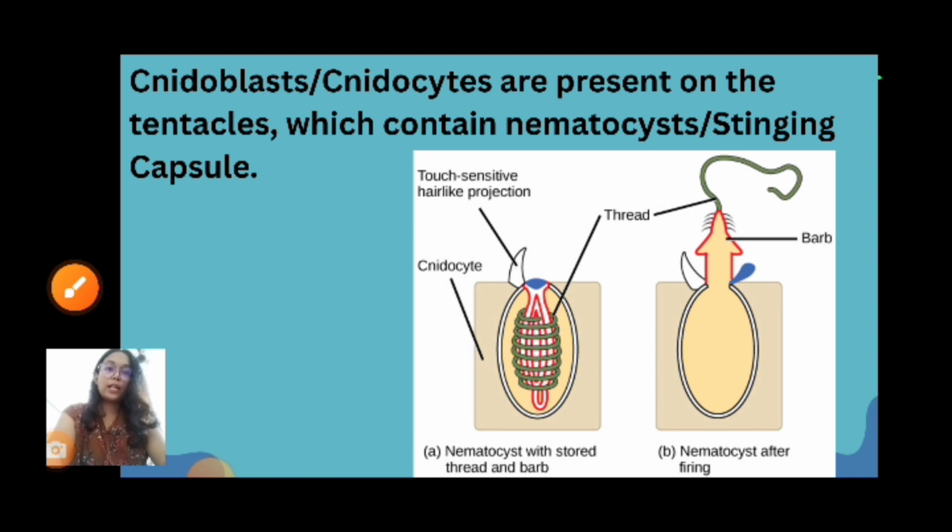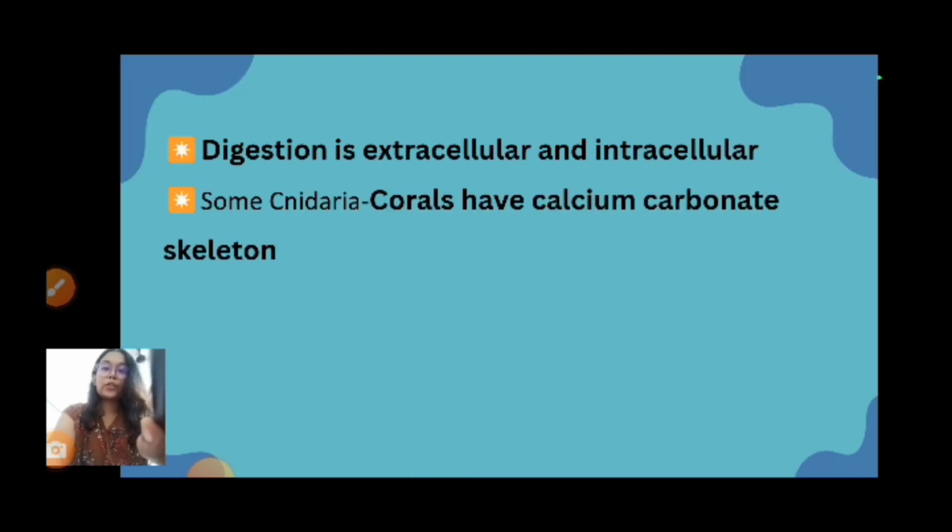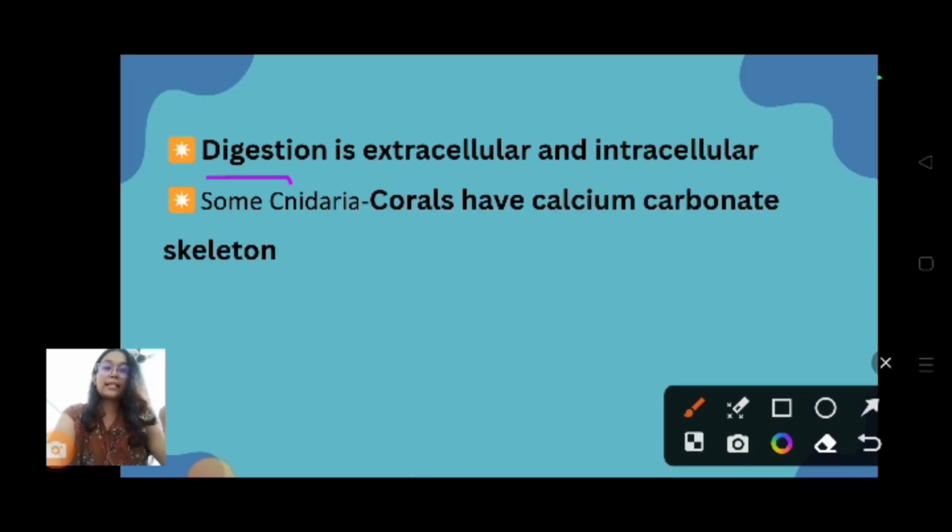So moving on to the next slide. Here the digestion is extracellular and intracellular both. Can you differentiate between extracellular and intracellular digestion? In extracellular digestion, it is happening outside the cell, in the alimentary canal, in the digestive system.